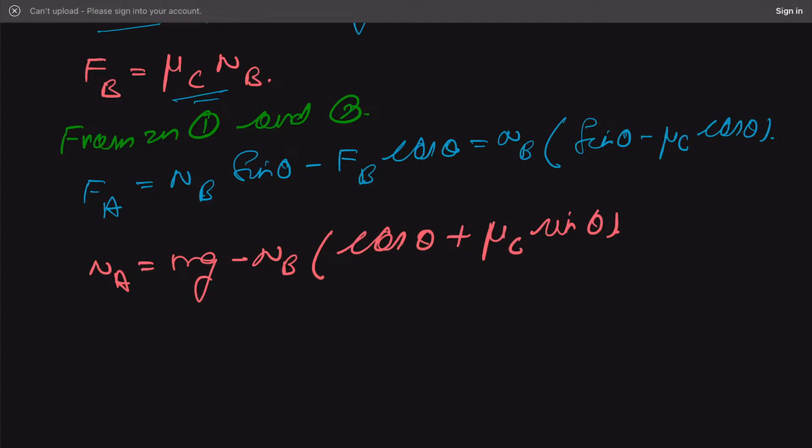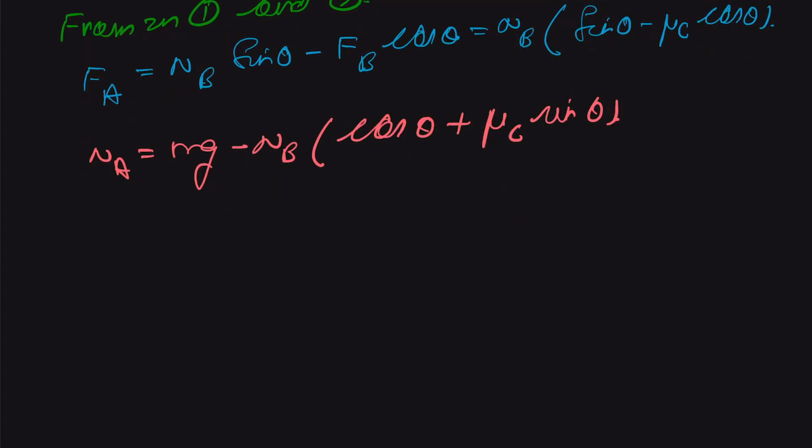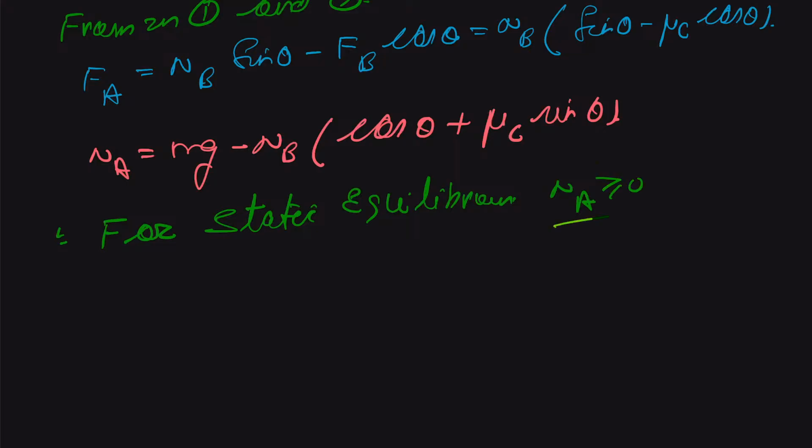But physically, for static equilibrium, we should know that our N of A should be greater than or equal to 0.